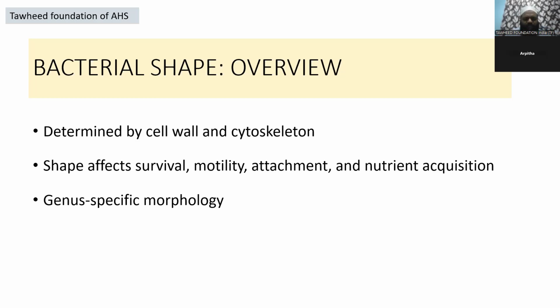This wide variety of shape is determined by the bacterial cell wall and cytoskeleton. Even though bacteria have a wide variety of shapes, any genus typically exhibits a limited subset of morphologies, indicating that with the universe of shapes to choose from, individual bacteria adopt only those that are adaptive.